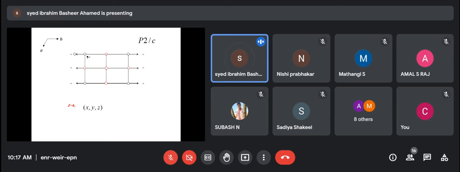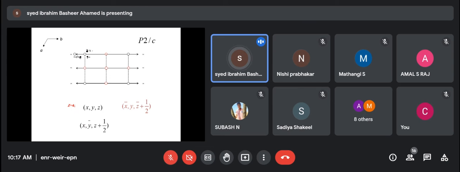So assume you have a molecule here, x, y, z. Apply a two-fold rotation, and you will get here x bar, y, z bar plus half. And then you have a glide plane here.